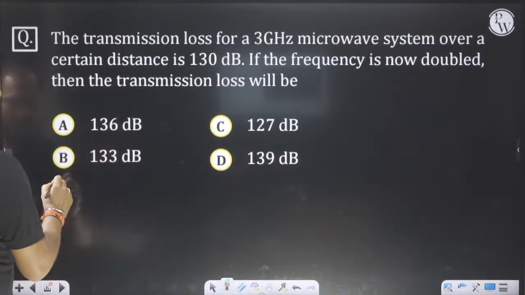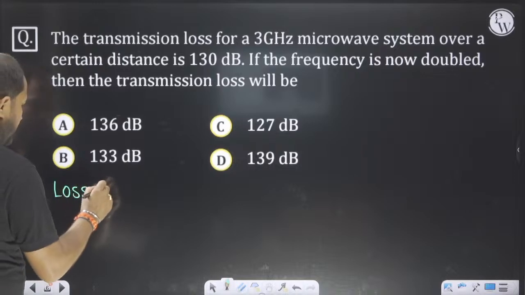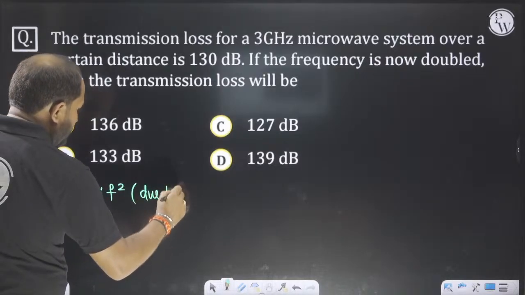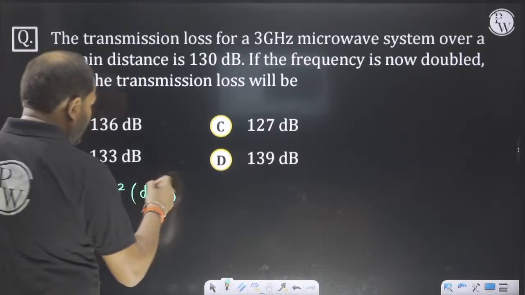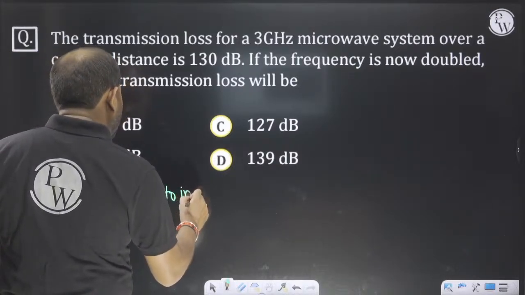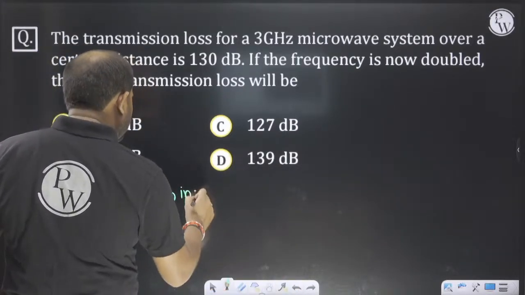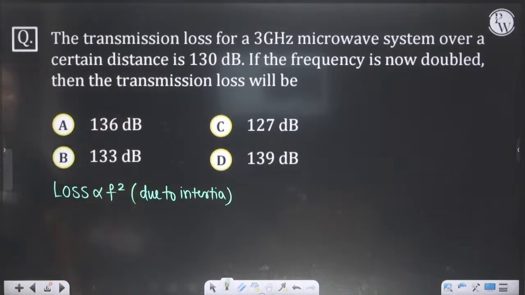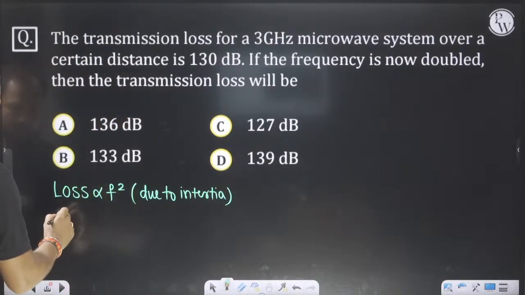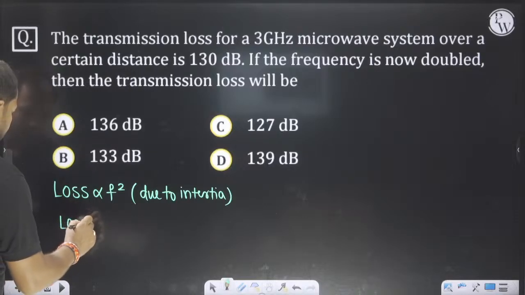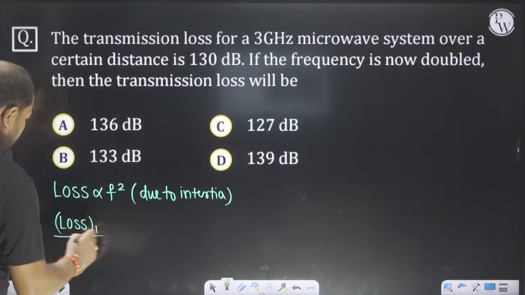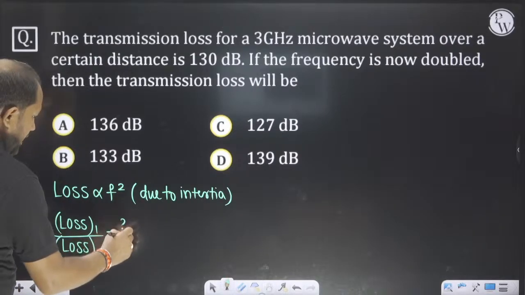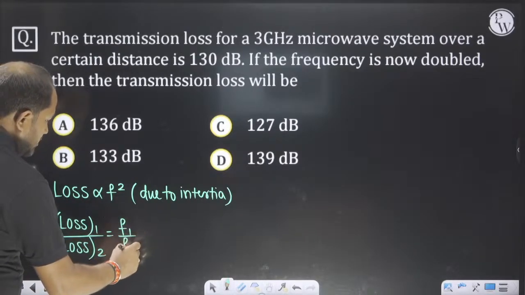That means loss is due to inertia in the dielectric, and due to minority charge there will be loss. So due to inertia, loss is directly proportional to F square. So I will say loss 1 upon loss 2 is equal to F1 upon F2 whole square.